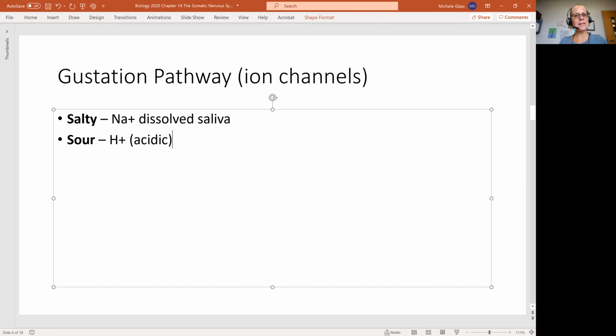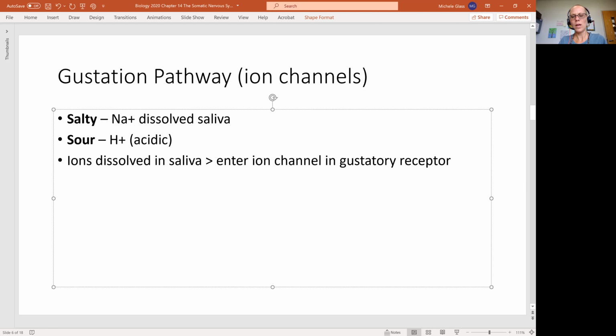And so then the mechanism of action is the same, whether we're talking about salty or sour, they're just going to be moving through different ion channels. So in each case, the ions will be dissolved in saliva. This dissolved ion then is going to enter an ion channel in the gustatory receptor cell. Remember those gustatory receptor cells had those microvilli.